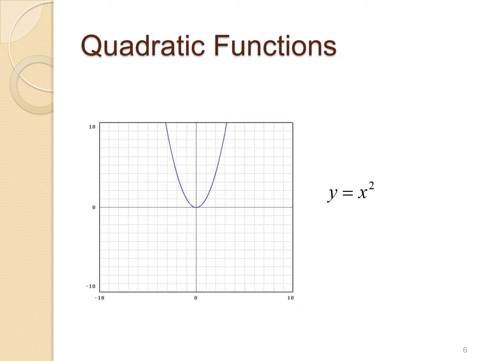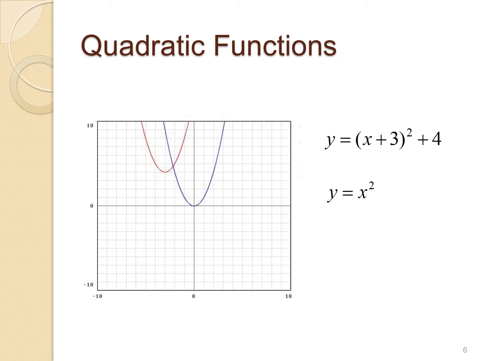Now back to our same original equation of y is equal to x squared. If we combine these together, as you can imagine, this equation, the x plus 3 quantity squared, is going to move the center, or the vertex, of the parabola to the left 3, and then it's going to move it up 4.